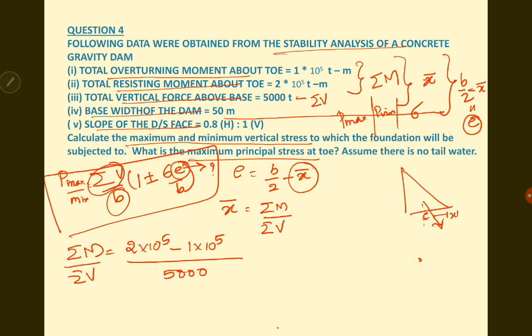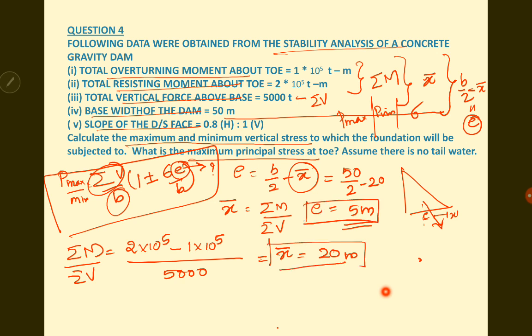Okay. So what will be this value? This X bar value is equal to 20 meters, right? Now what is E? E is equal to B by 2 minus X bar. What is B? B is given as 50 meters. So 50 by 2 minus 20, which will be equal to 5 meters. 25 minus 20 is equal to 5 meters. Fine. So you found the value of X bar, and from that you find the value of E also.